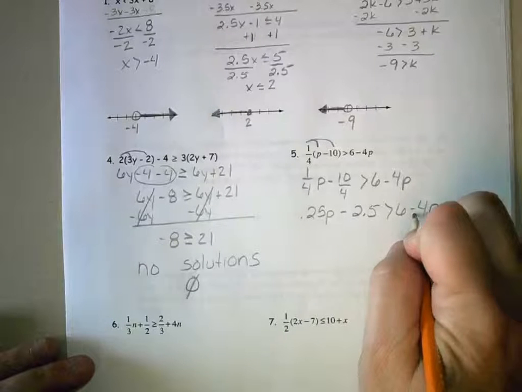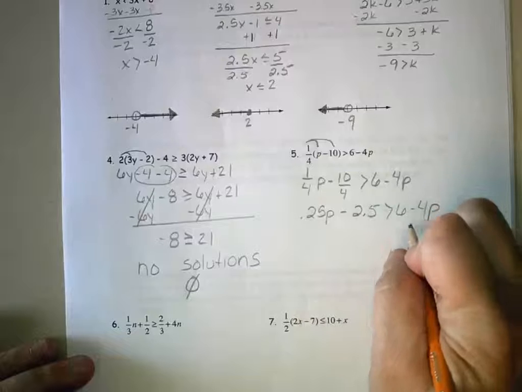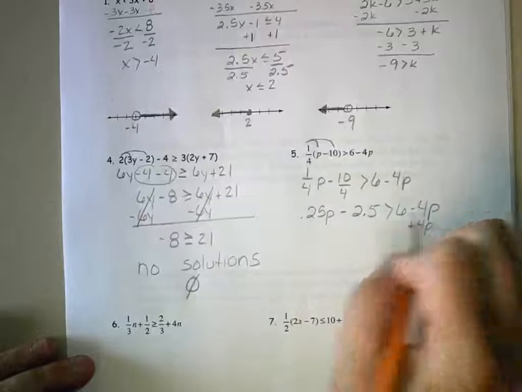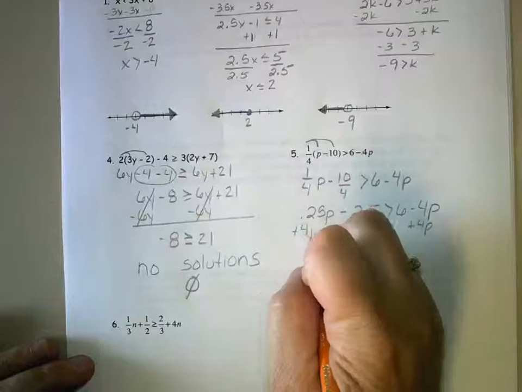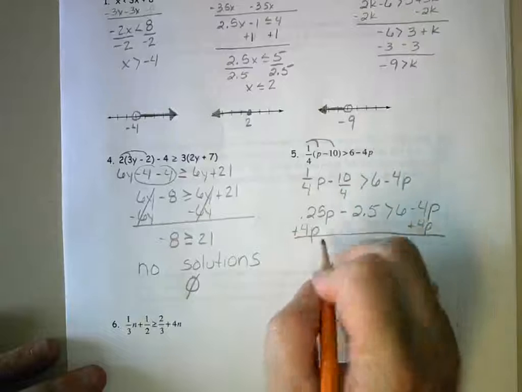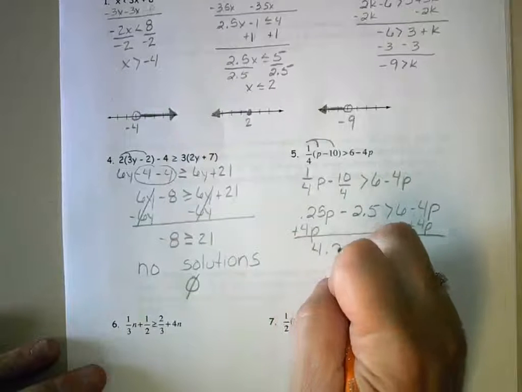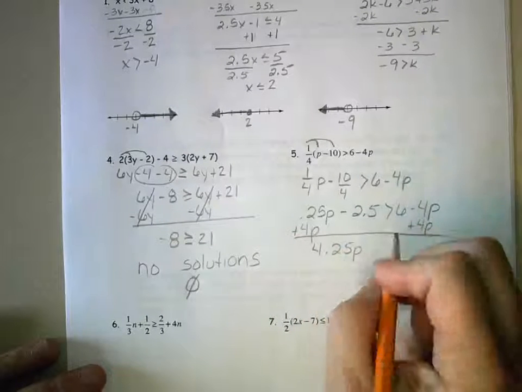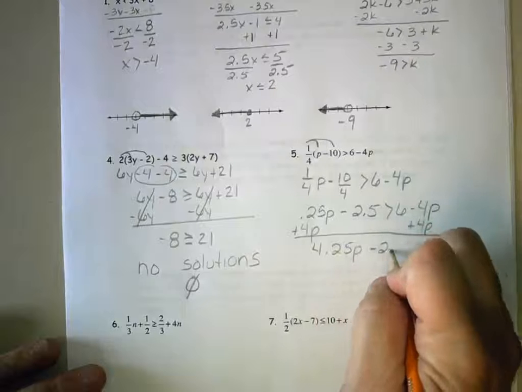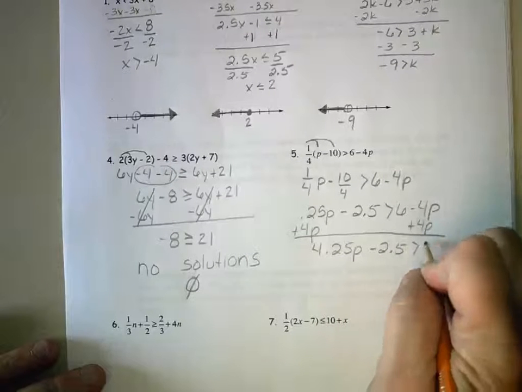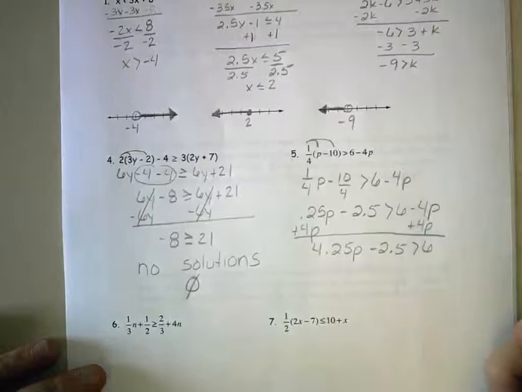We look at the smaller of the two variables. This negative 4 is smaller, so we add 4p to both sides. So 4.25p minus 2.5 is greater than 6.